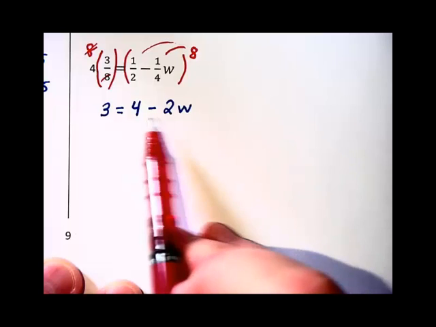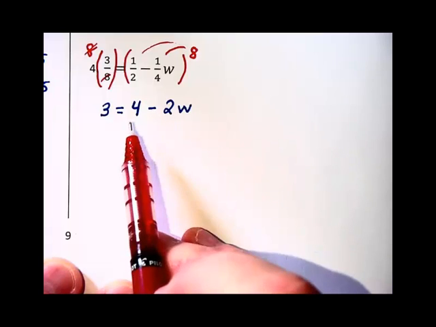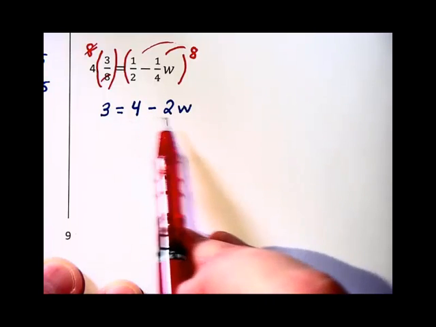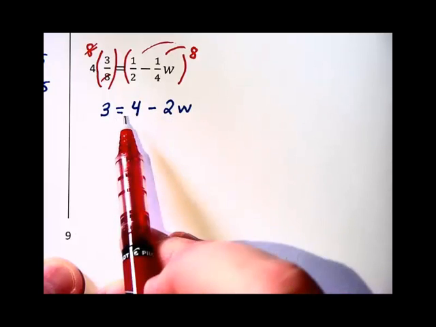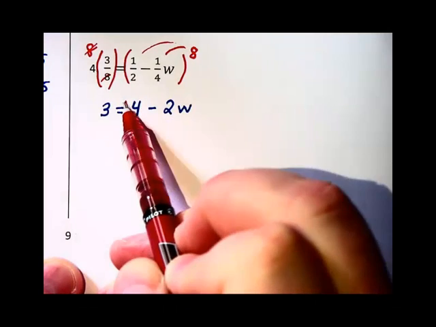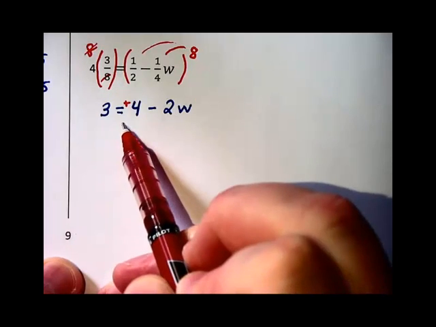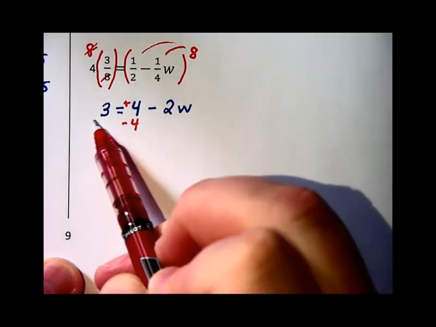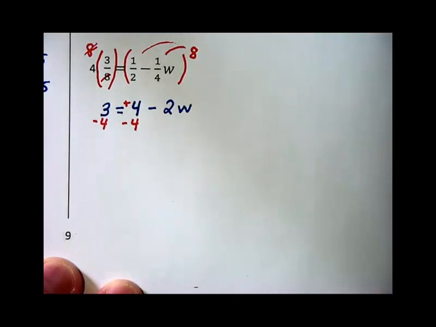That w has been multiplied by negative 2, and then 4 has been added. That negative goes with the 2. That 4 is really a positive 4 that you're seeing there, and so we want to subtract 4 on each side.